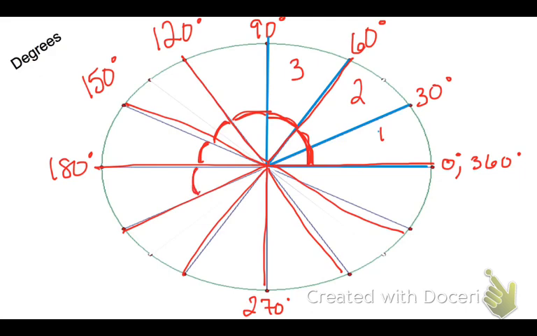Add another 30 degrees, it's 210. Skip over that middle line, add another 30 to get to 240 degrees. Add another 30, 270. Add another 30, 300.